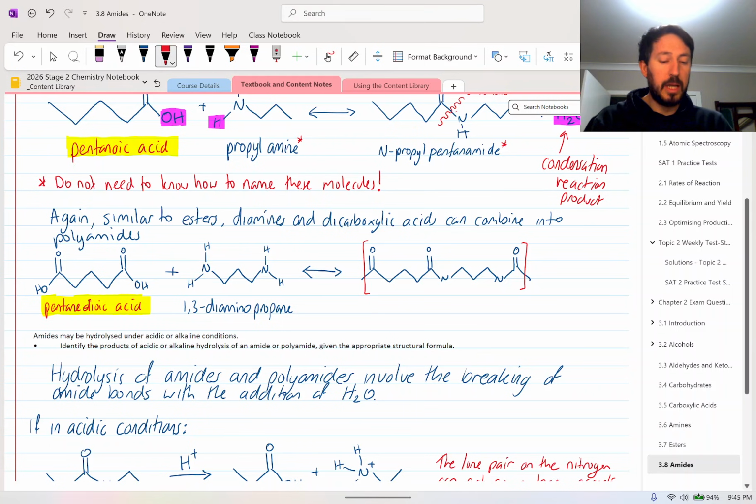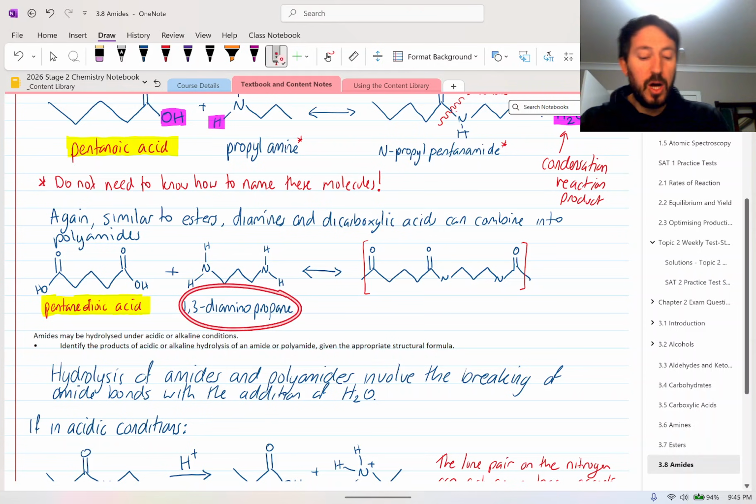So pentanedioic acid tells us we've got our 5 carbons, and instead of one oic acid group, it's got 2 of those groups. So we've got our carboxylic acids on both ends, and we're going to combine it with our 1,3-diaminopropane.